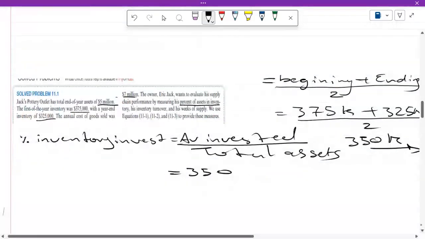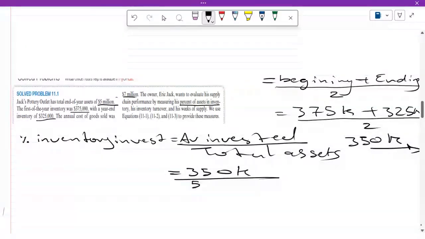I can simply say 350K over 5. Yeah, total assets. What is the 7 million? Okay, no, 5,000K. I can simply put it like this, because I just add another 3 zeros, then it becomes 5 million. Then the percentage now: 350 divided by 5,000.